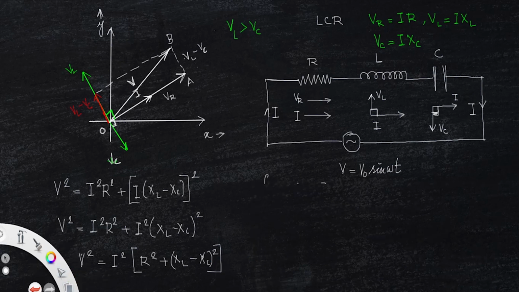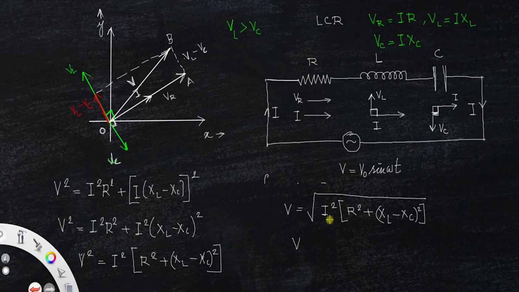Now, in order to find the V, we have to take the square to the right side. So it will become root. So V is equal to root of I square into R square plus XL minus XC whole square.